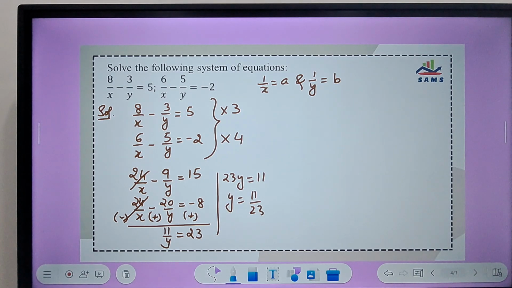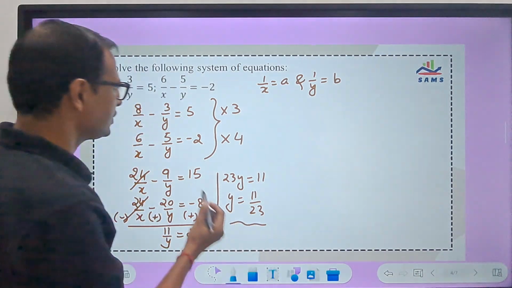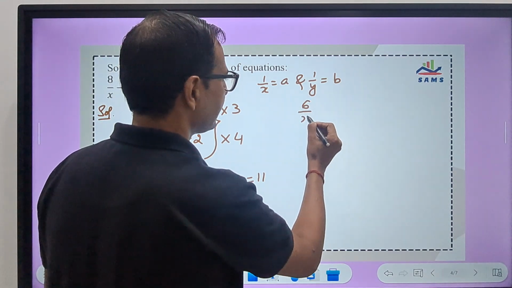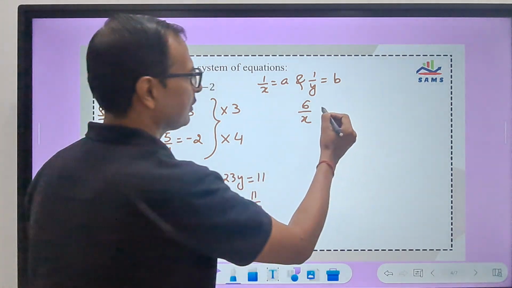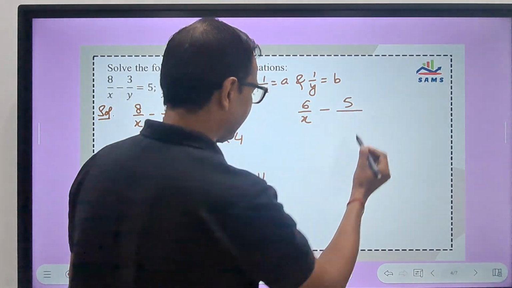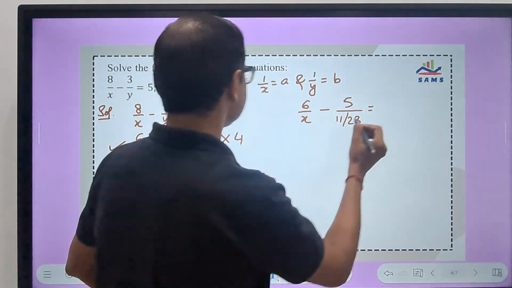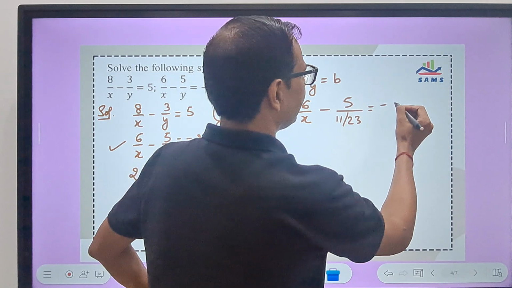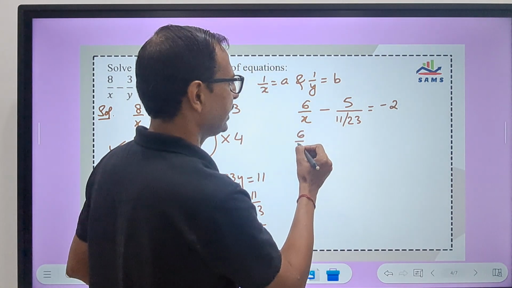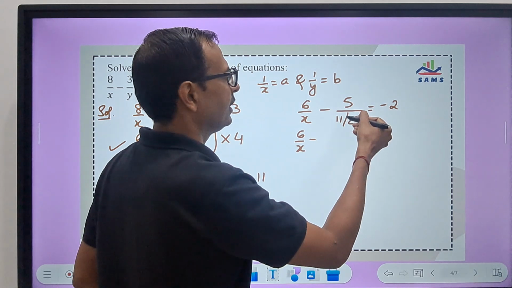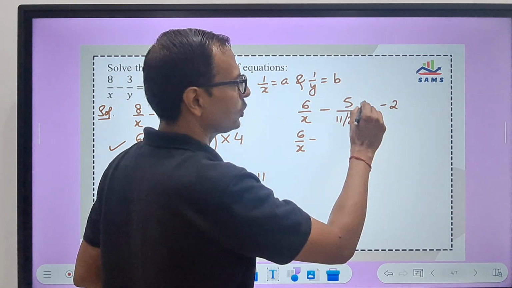for this particular equation. Now let's put this value of y in one of the equations. Let's pick up the second equation. 6 upon x minus 5 upon y, so 5 upon, the value of y is 11 upon 23 equals minus 2, and so 6 upon x minus, so 11 upon 23 is going to get flipped, right, when I take it to the numerator.